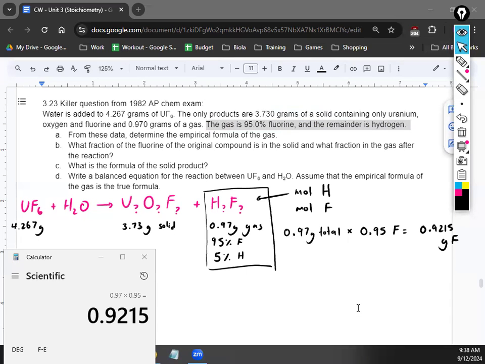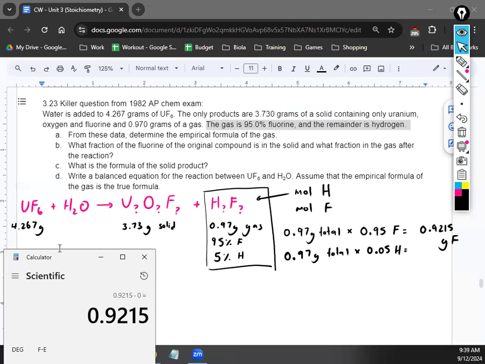Okay, let's do the hydrogen now. So if you want, you guys can do the very precise way of 0.97 grams total, and then you can multiply that by 5%. Okay, or since you know that this is only made out of fluorine and hydrogen, you can just kind of take it easy and just subtract.